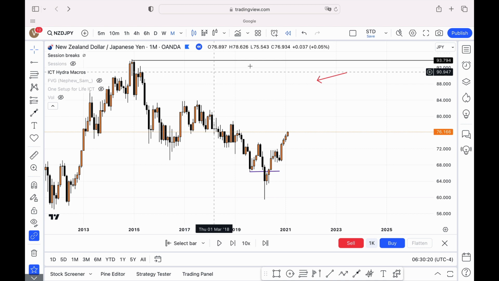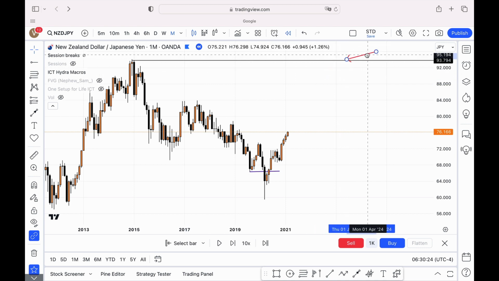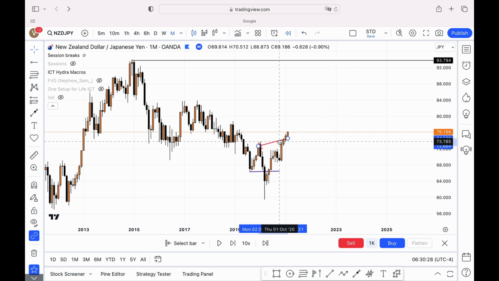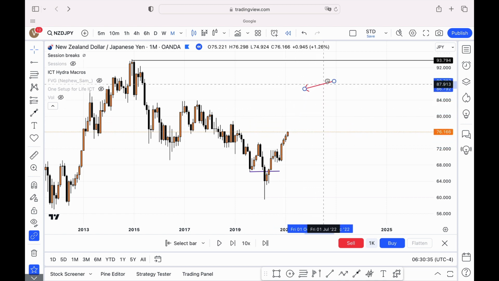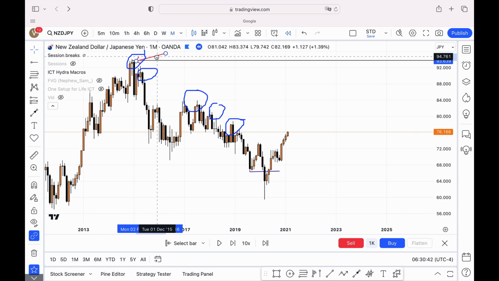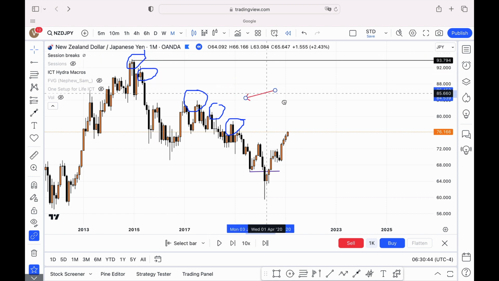Yes, a little bit of hindsight, but let's just say for now, this is the level. So price is currently here. We know it's broken this short-term swing high. So we're confident that price is going to reach some level. It could be going back here to this level. It could be going here, or it could be going here. And let's just say it's going here.